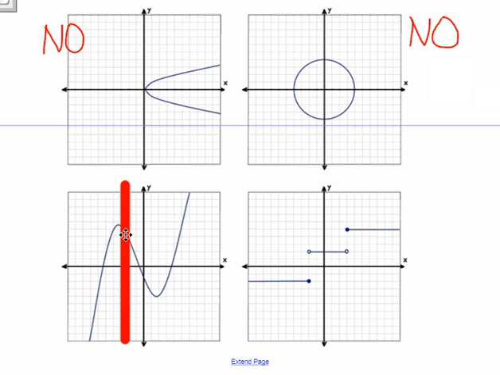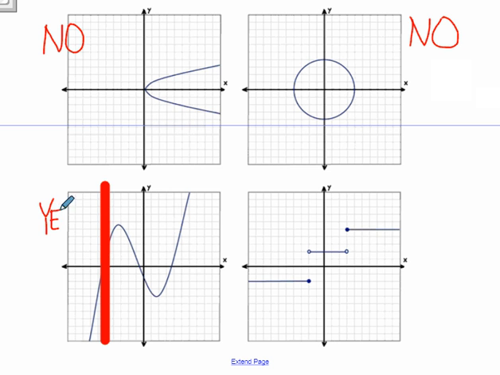Here I'm touching it right here. I hold it over here, I'm touching it here. If I hold it up here, I've got it right here, but only once. There's no place where I'm holding this pencil that I'm going to touch this blue line twice. Therefore, this one here is a function because it does pass the vertical line test.